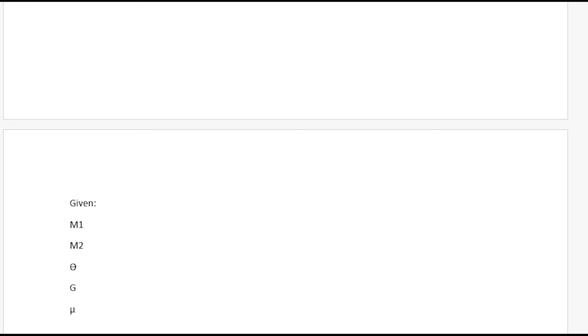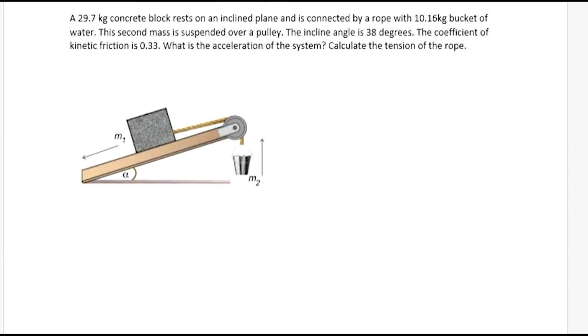So what is our m1 or first mass? It is 29.7 kilograms. And our m2 is 10.16 kilograms. And our angle is 38 degrees.